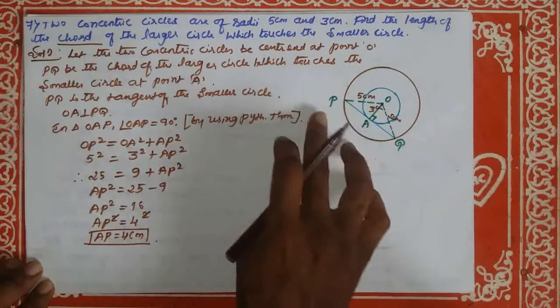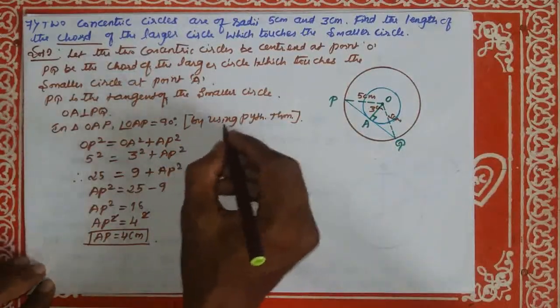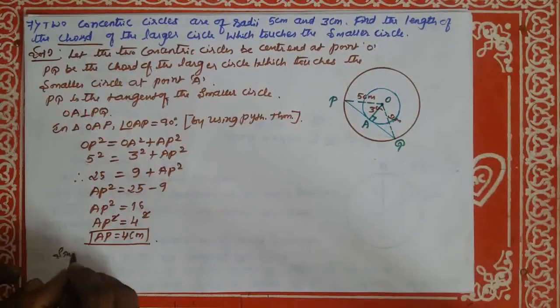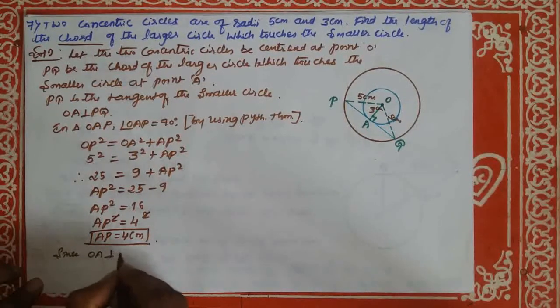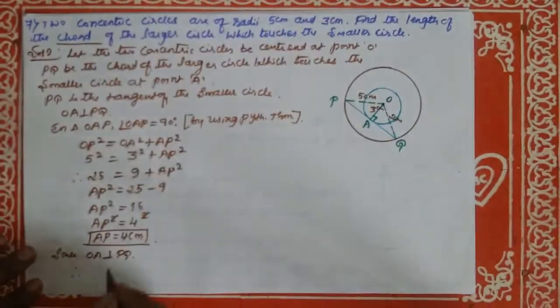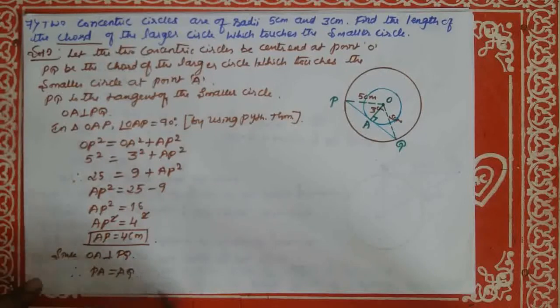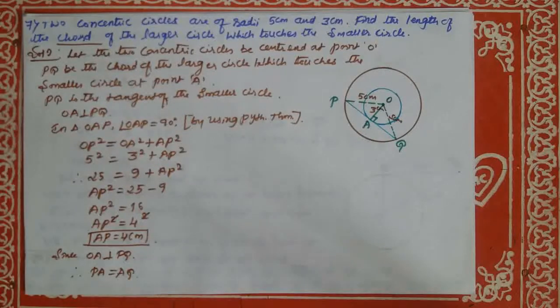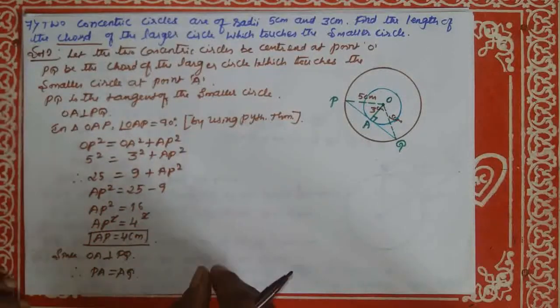Since OA is perpendicular to PQ, therefore PA is equal to AQ, because the perpendicular from the center of the circle bisects the chord.